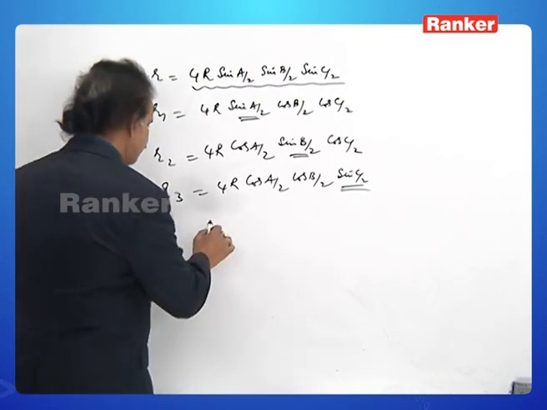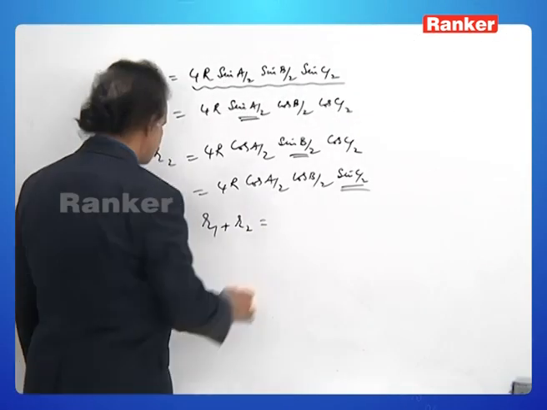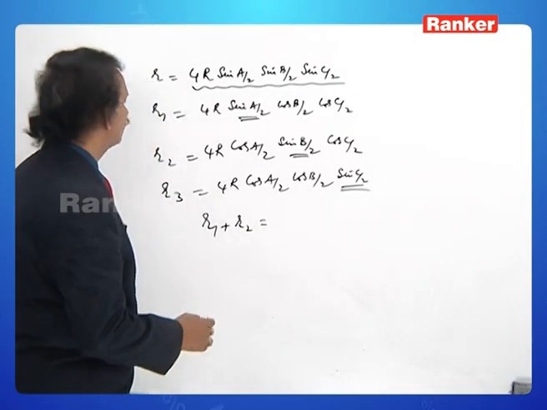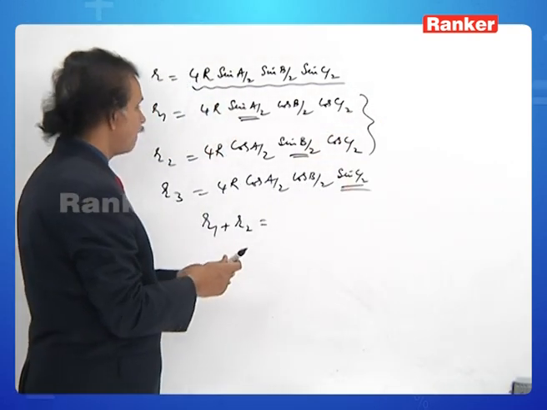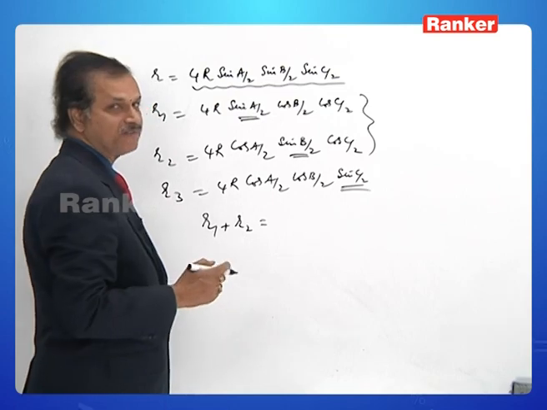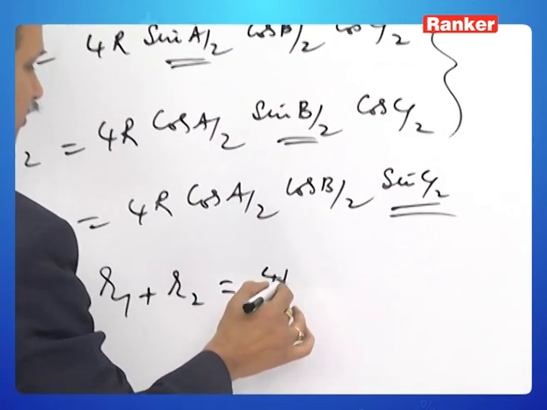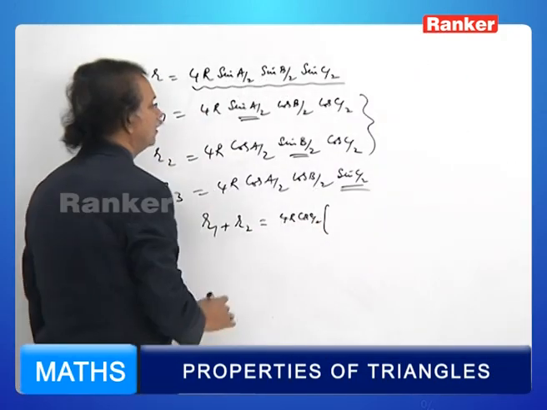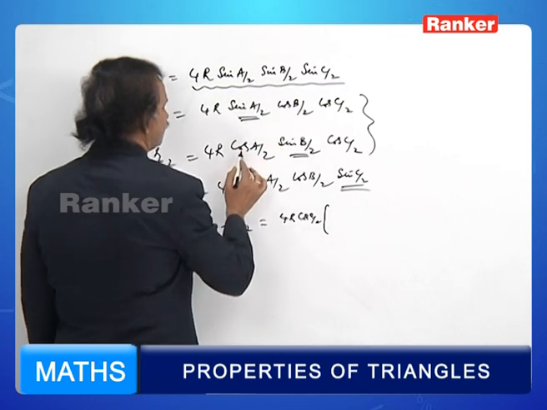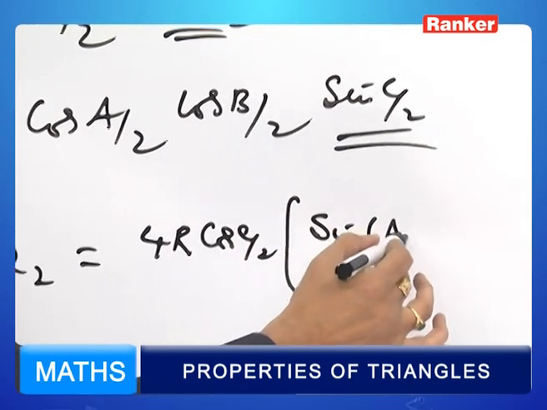Look here. Let me first find r1 plus r2. You're supposed to add these two. What can be got as a common factor? 4R cos C by 2 can be got as a common factor, into sin A by 2 cos B by 2 plus cos A by 2 sin B by 2, which is nothing but sin of (A plus B) by 2.